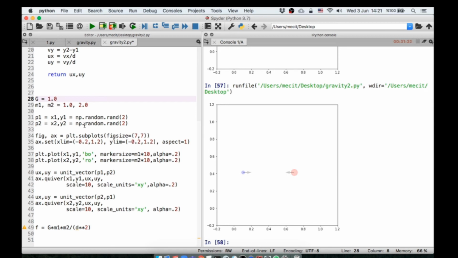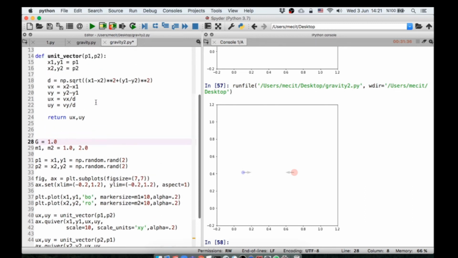Okay, I need the distance still, and I can always write another function to make it clear. So I want to write a function to get the scalar distance between 2 points.